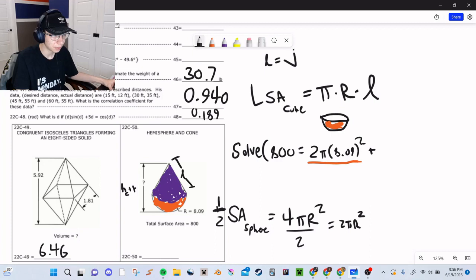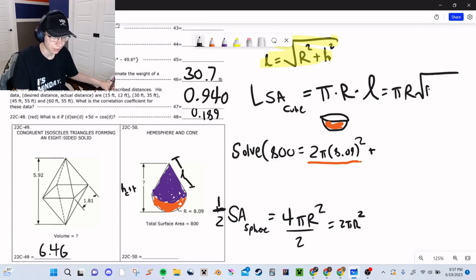Your slant height is equal to the square root of your radius squared plus your height squared. Right? It's because your radius and your height make a right triangle. So by the Pythagorean theorem, this holds true. So this is pi times the square root of r squared plus h squared.